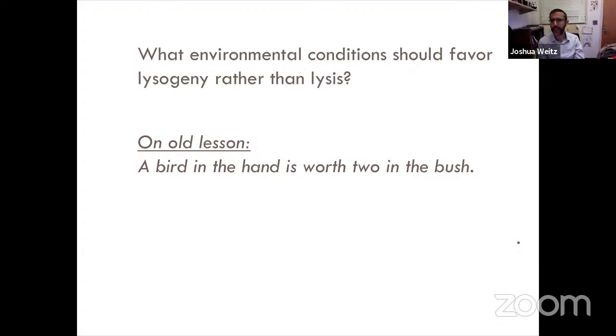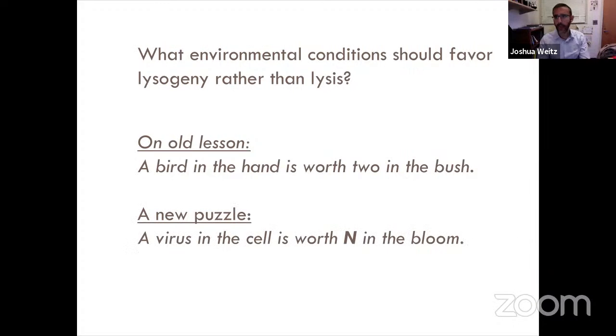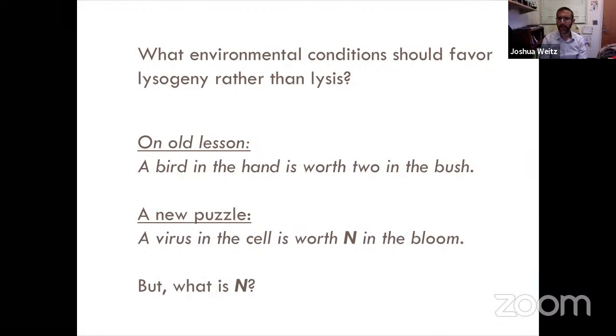And certain cultures have similar sayings. I was told in Spain, there's a similar saying, but a bird in the hand is worth 100 in the bush or something similar. So you can tell me about uncertainty in cultures and the number of the trade that you have to make. But I will try to make a new puzzle here: a virus is in the cell and it's worth N in the bloom, meaning the virus is inside the cell and you can put out all these virus particles, but what is N?